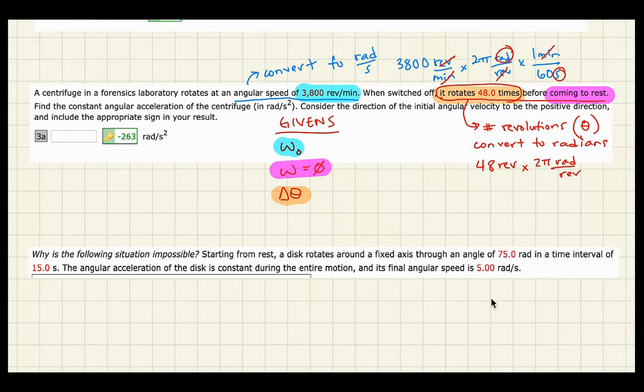And it's asking me, what is alpha? What is the angular acceleration? So here I'm given starting velocity, ending velocity, and displacement, effectively. This is like being given delta x, v naught, and v, and asked for acceleration, but in the angular context.